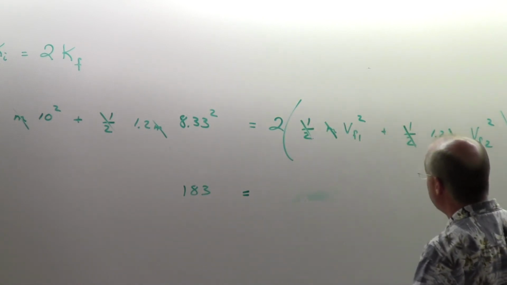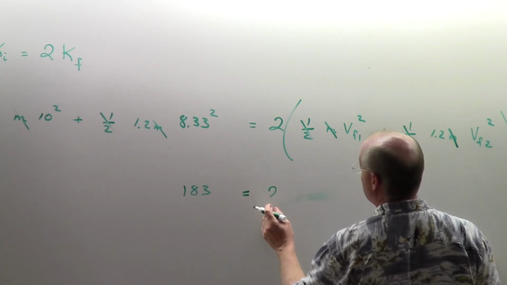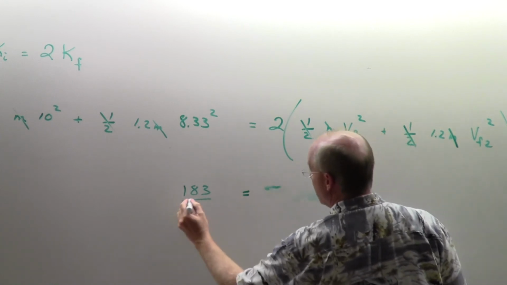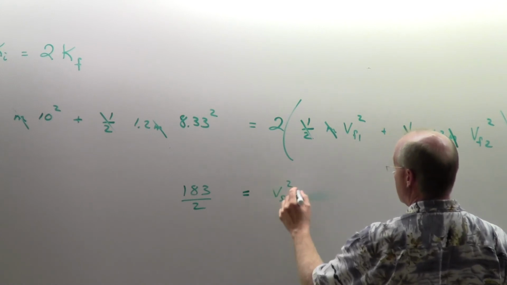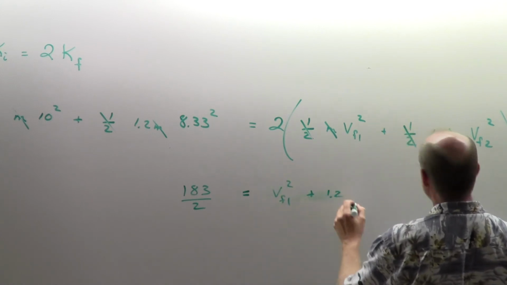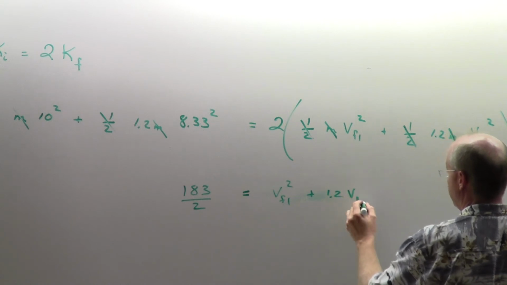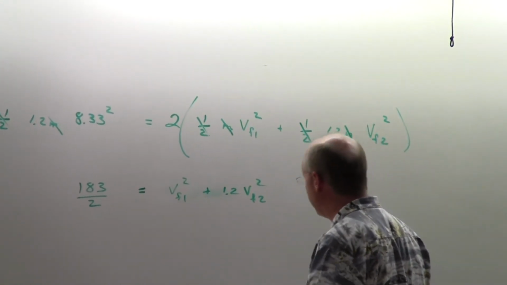And then over here, actually I'm going to bring the 2 over to there. How's that? 2. And then I have V1 squared plus 1.2 V final 2 squared.